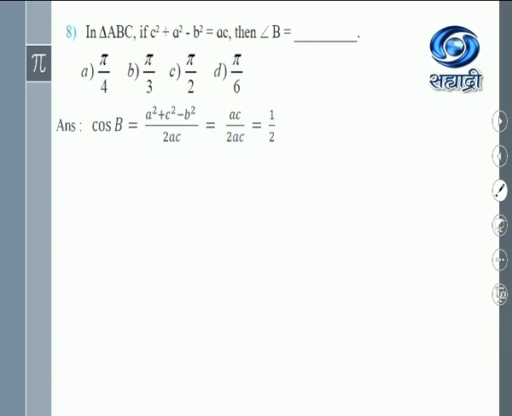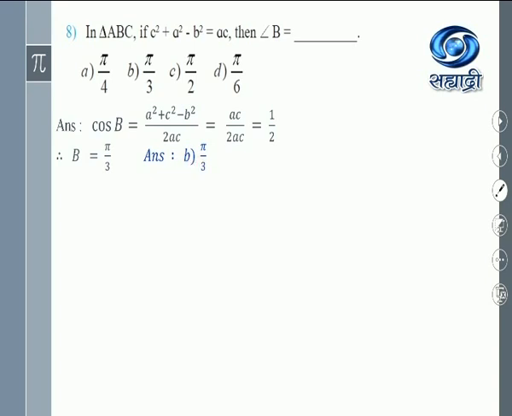AC from numerator and denominator gets cancelled and we are left with 1 upon 2. Now cos B is 1 upon 2. So for which angle is cos of that angle half? Obviously that is 60 degrees, and 60 degrees is nothing but π/3. Therefore B is equal to π/3. So the correct option is what? It is B, π/3.